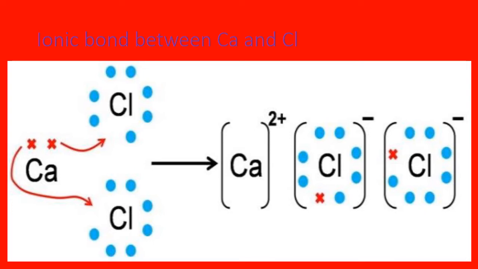So the calcium, when it loses 2 electrons, becomes 2+, and the two chlorine atoms each gain 1 electron. This is shown clearly in this diagram, which is called the electron dot formula of calcium chloride.